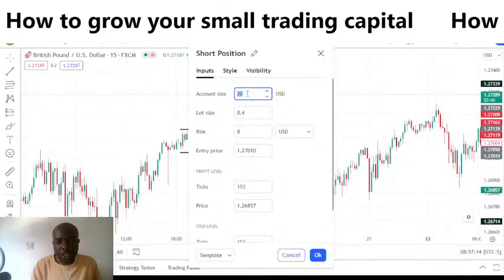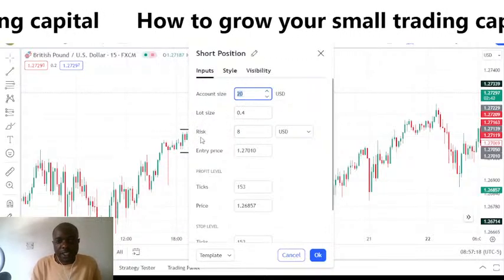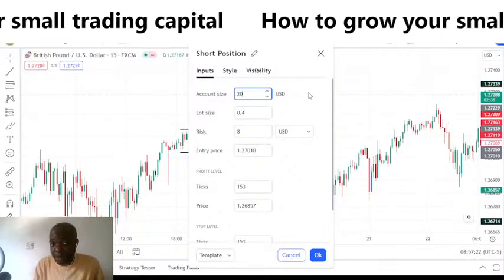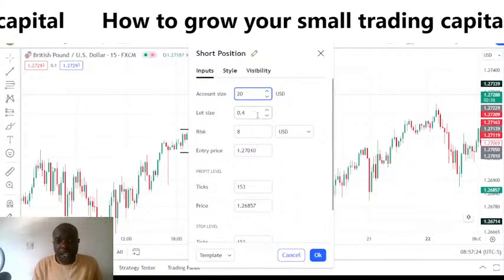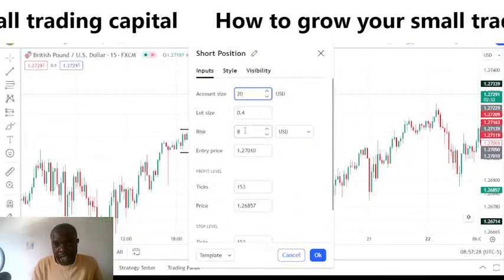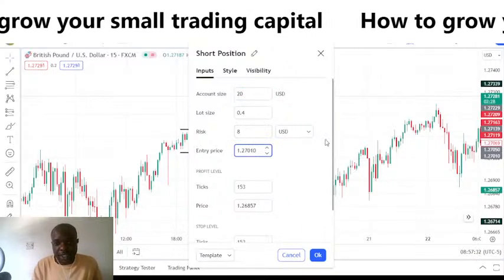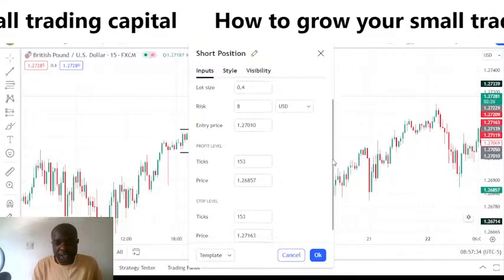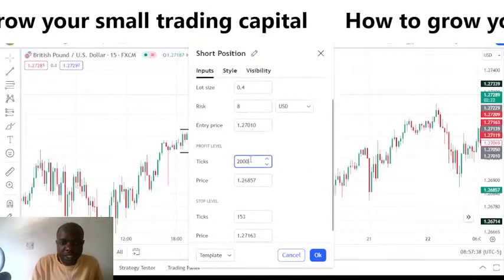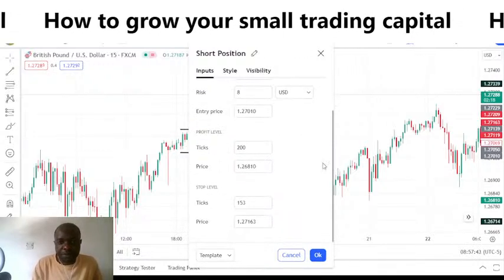We want to risk 20 pips, lot size 0.4, and we have $20 capital. I want to risk $8 out of our $20. So this is our entry price. Assuming we want to take our profits at a 200 pips target.